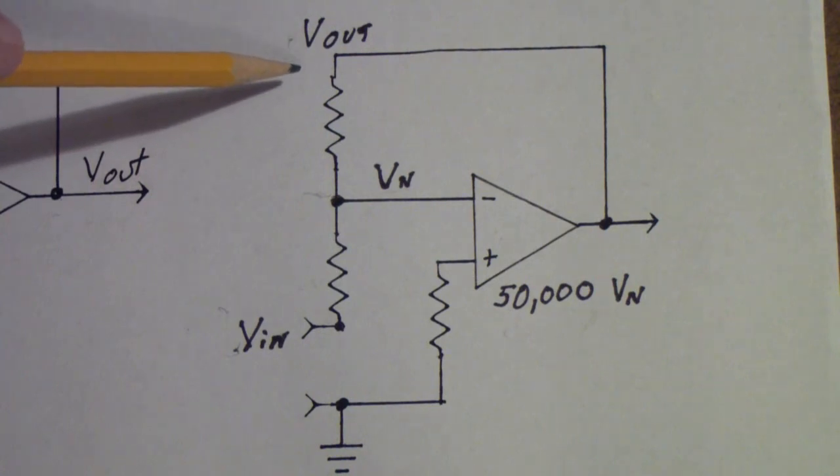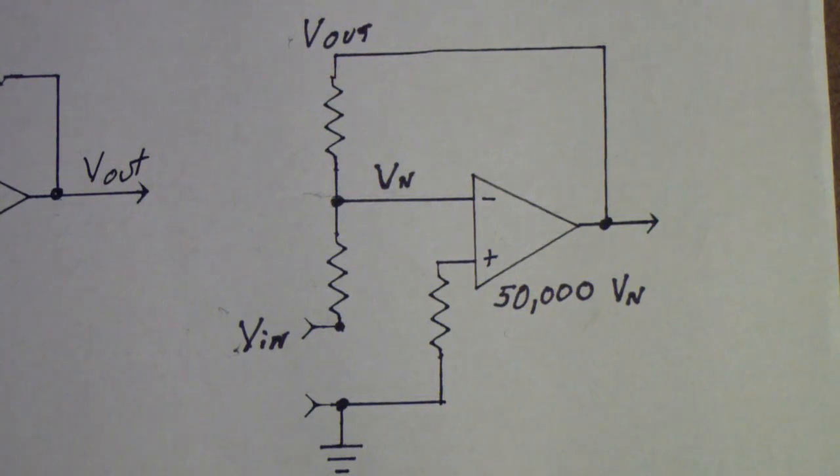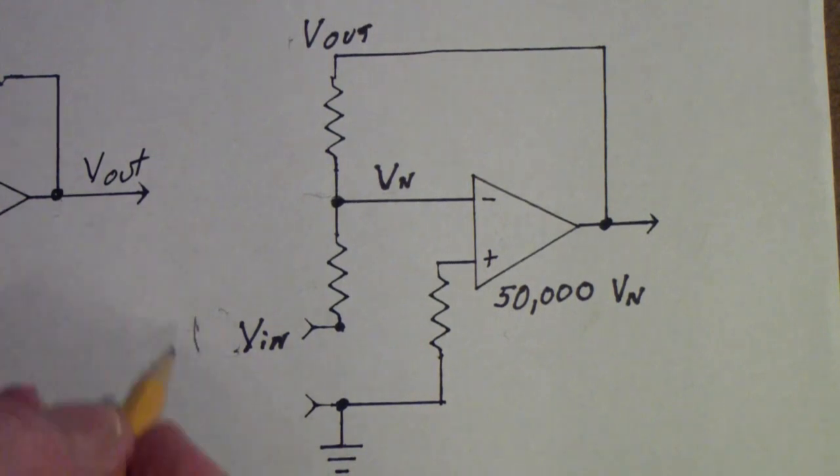So let's do a little calculation of the values. Let's assume that Vn is 1 volt.